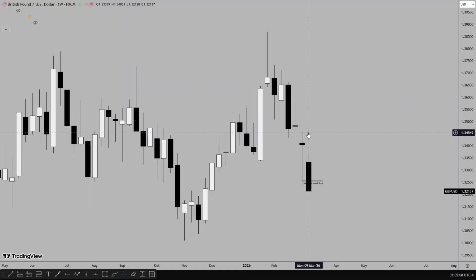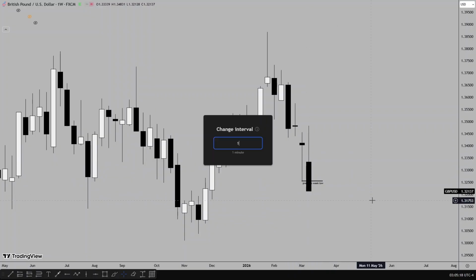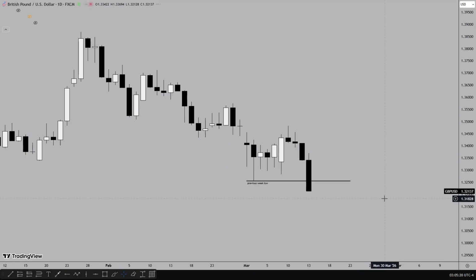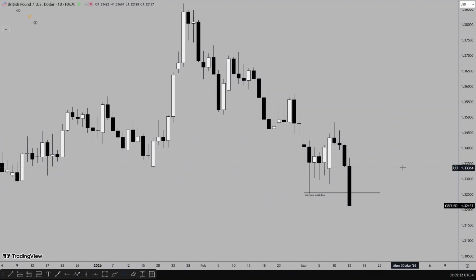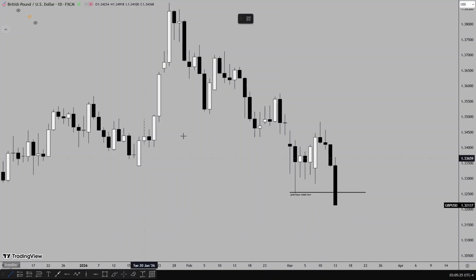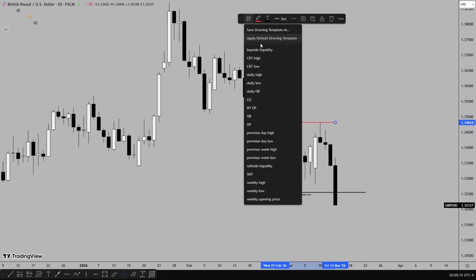So in GBP USD, I was still anticipating lower prices to run the previous week low, and you can see how price delivered in running out the low. Looking at it from a daily perspective, which was the major time frame I told you guys to look at, price was expected to the order block. That was the idea in anticipating lower prices.